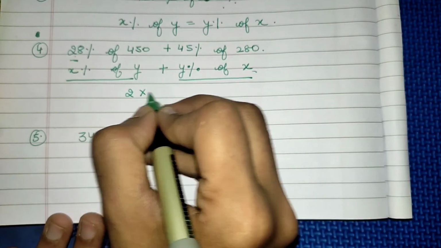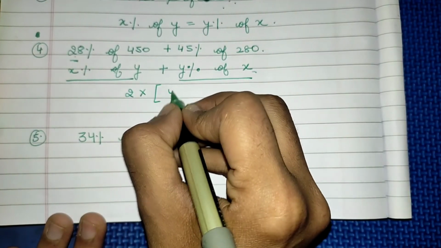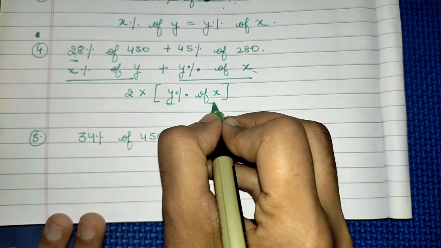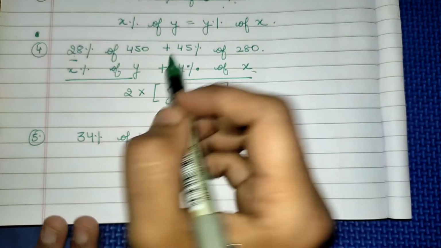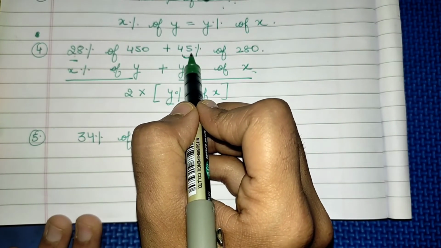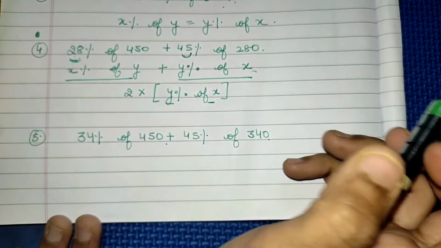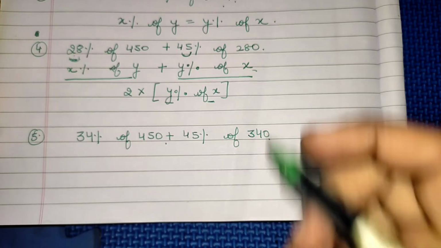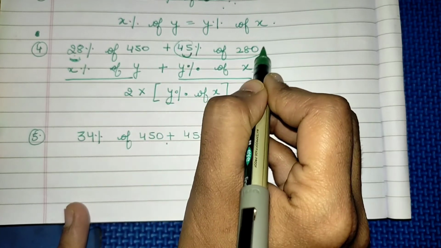So I can simply write it as y% of x. You can write any value, but let's see which one is easier to calculate. 45 is easier to calculate as compared to 28. You will get to know this when you do more and more practice related to percentage questions.